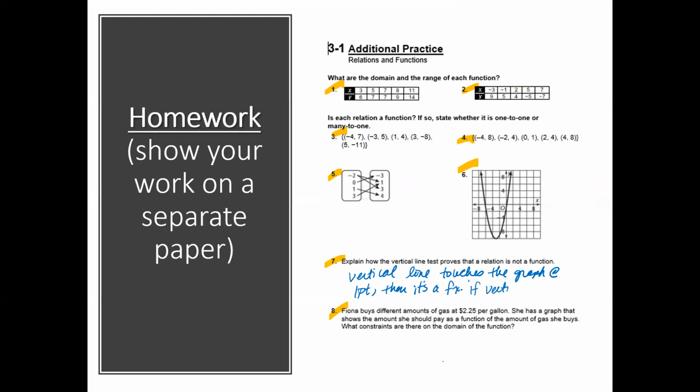If the vertical line touches the graph 2 or more times, what that indicates is that the x value repeats, which means it is not a function.